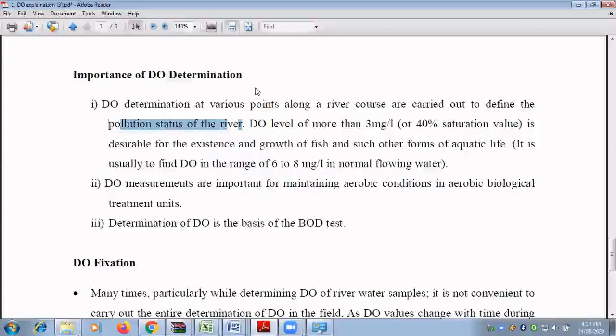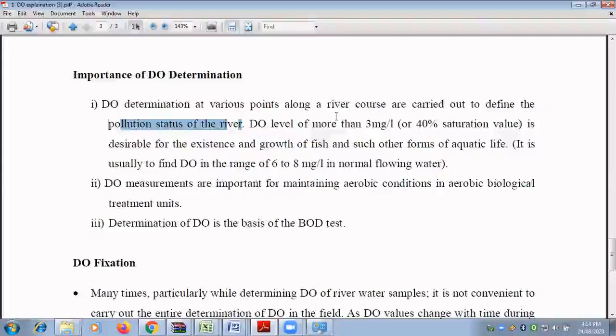With the help of the 24 samples, I can tell from the DO values in which stretch the pollution is more and in which stretch the pollution is less. So that particular thing can be done, right?